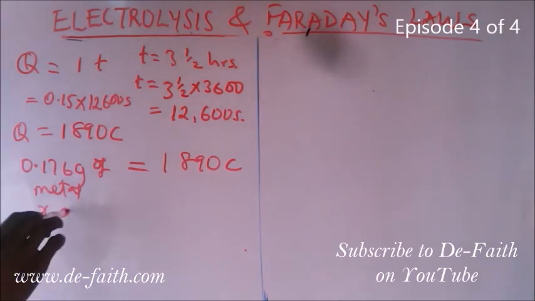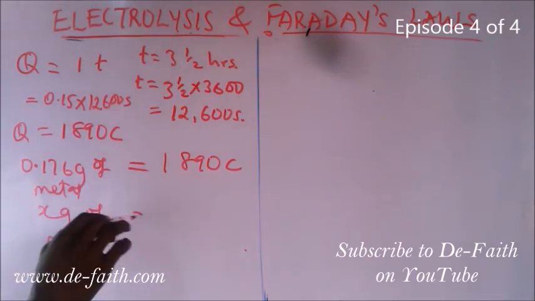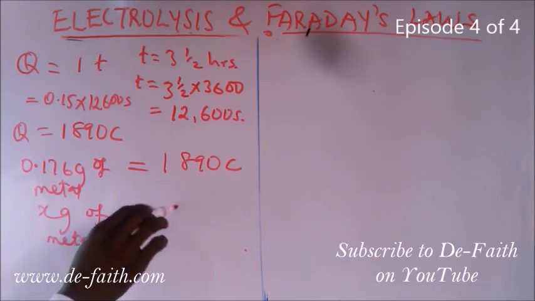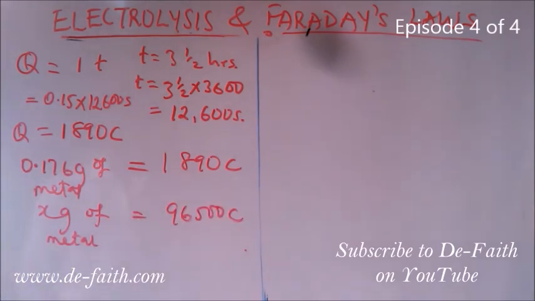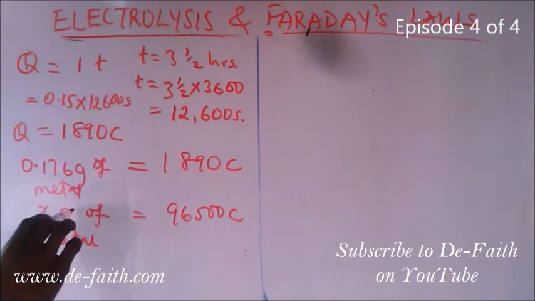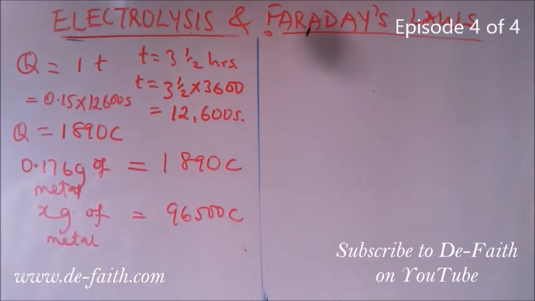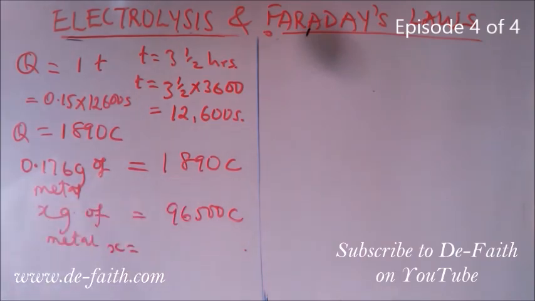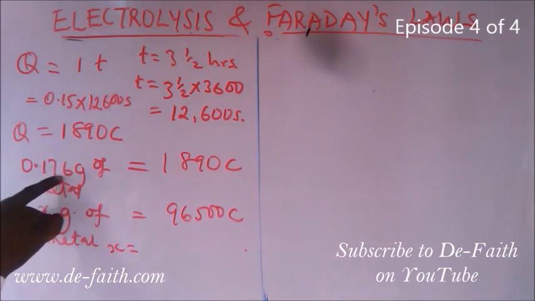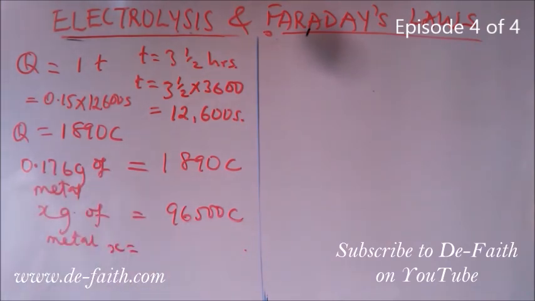How many grams of the metal will be produced by 96,500 coulomb, which is 1 Faraday? When we cross multiply this, x multiplies 1,890 and 0.176 multiplies 96,500.